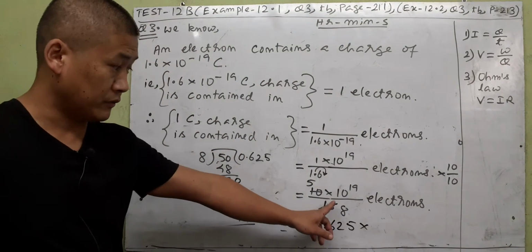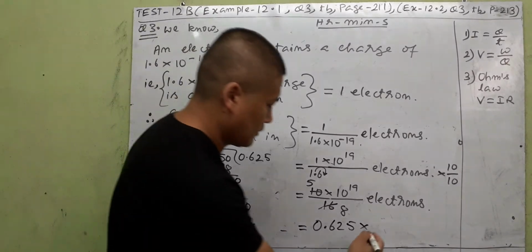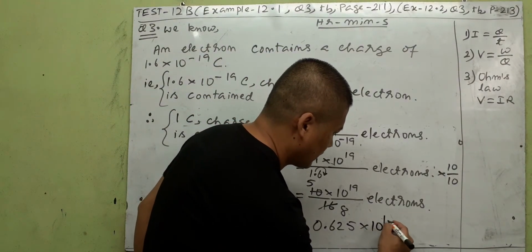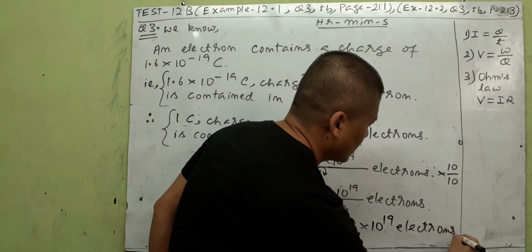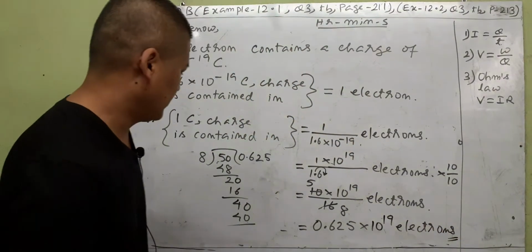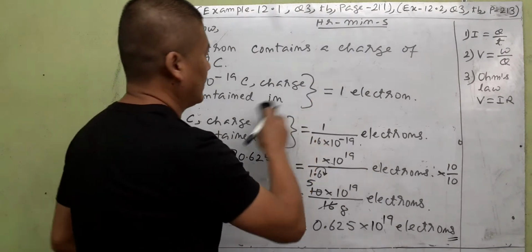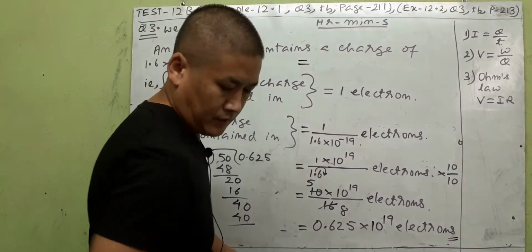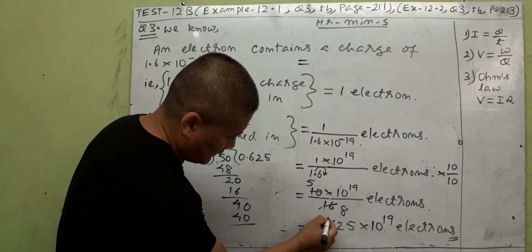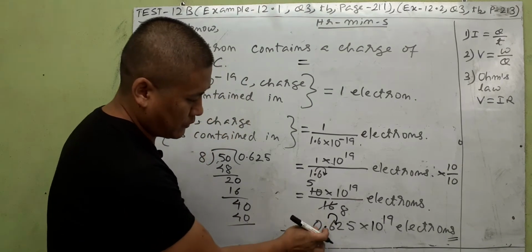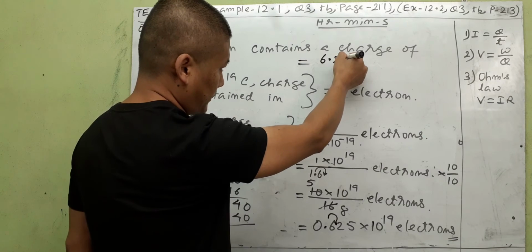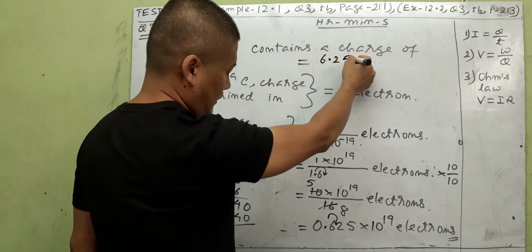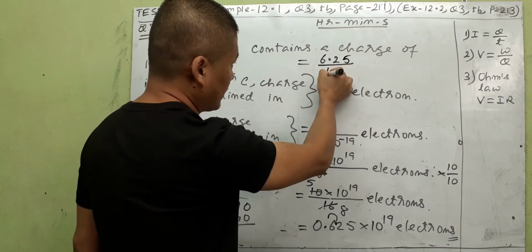Listen carefully to this part. It's not hard, okay? But you need to think: 0.625 into 10 to the power 19 electrons. So that can be your answer. But usually the answer is expressed in standard form, meaning the decimal right after the first digit. If you want to bring it here, 6.25, then that can happen only when you divide by 10.